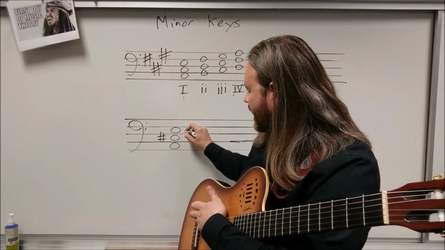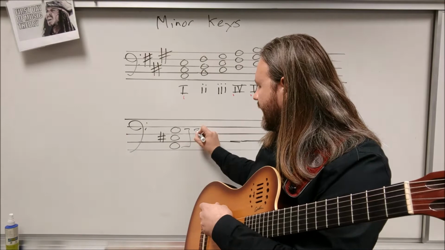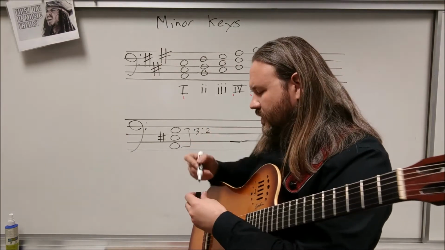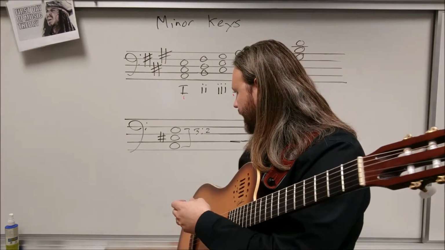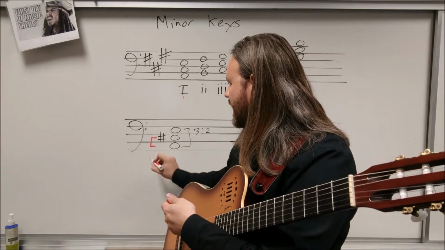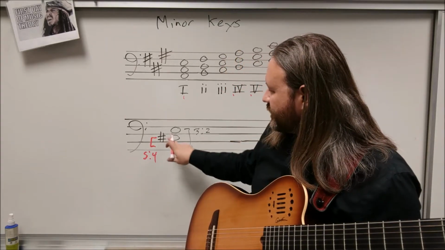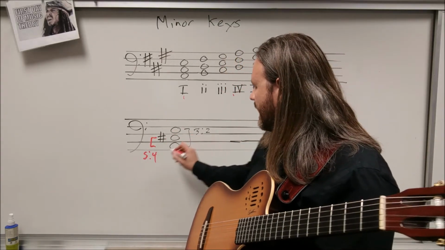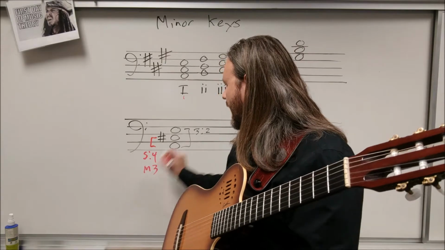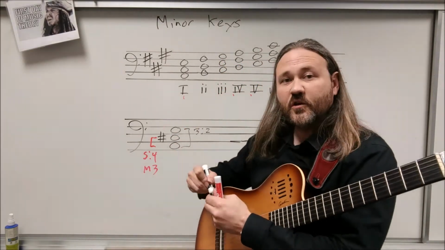So you have a ratio between the outer pitches of 3 to 2. Then you have a relationship between the bottom pitch and this middle pitch of 5 to 4. So that's a major third and a perfect fifth. The one on the inside is the major third, and the one on the outside is the perfect fifth. Those are two basic intervals.